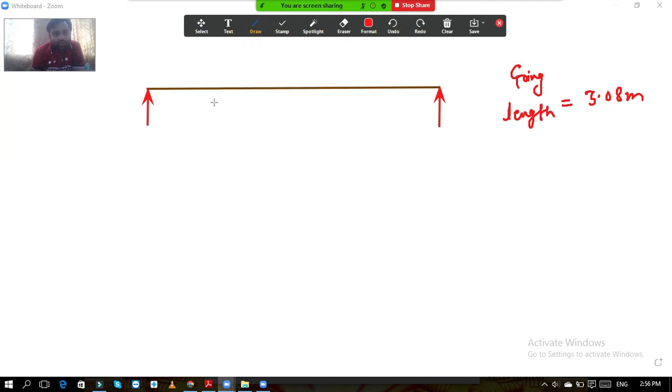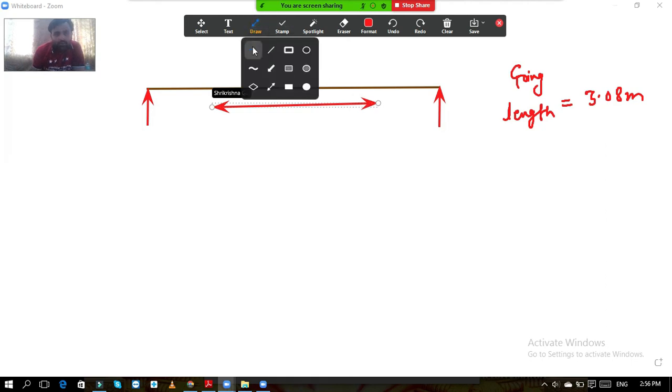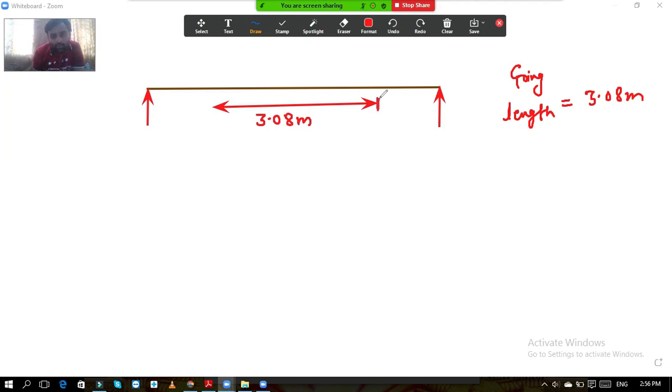So here 1.54, that is from this point to this. This total length is 3.08 meter up to these points. And now you know that from here up to the wall end distance is 1.36. Let us assume that this distance is A, and width of support is given as 230 mm.